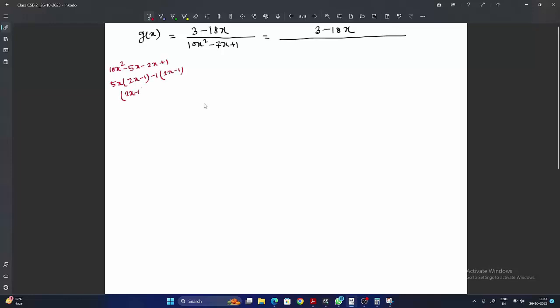So 2x minus 1 into 5x minus 1. Okay, so it is the factorization.